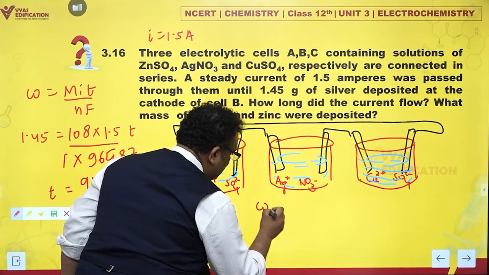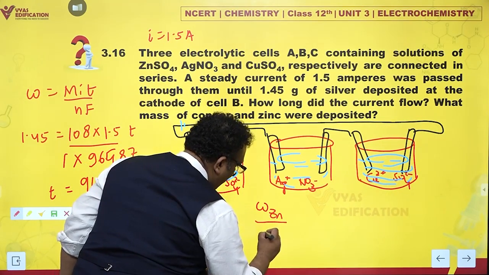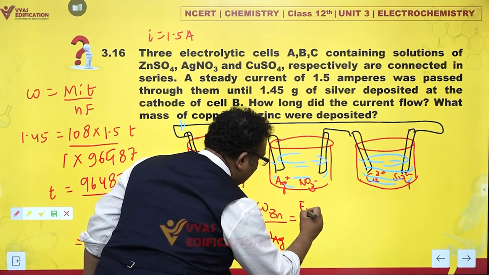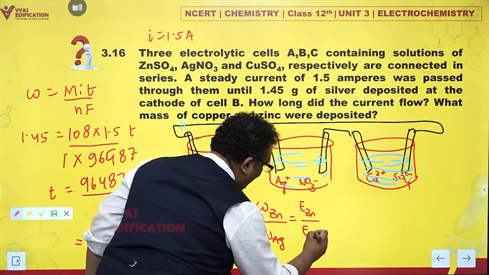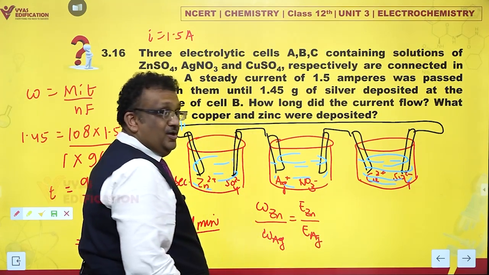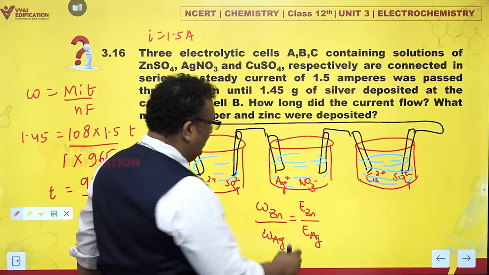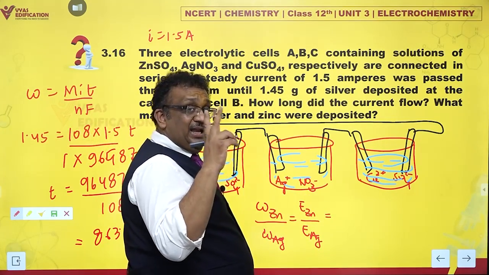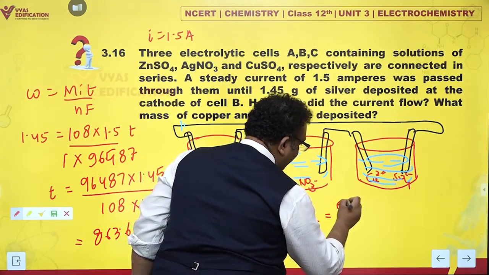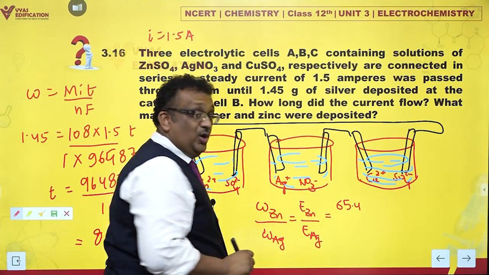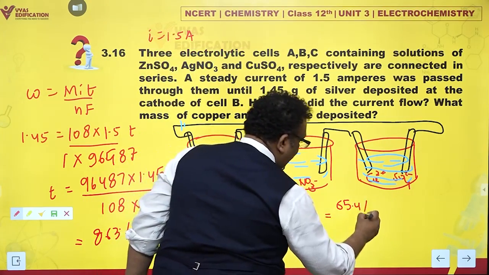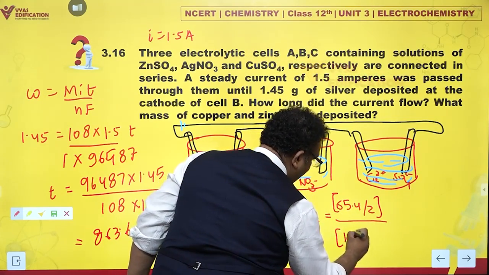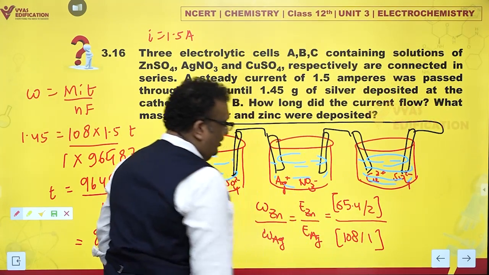So, mass of zinc by mass of silver is equivalent weight of zinc by equivalent weight of silver. Now, what is the equivalent weight of zinc? Equivalent weight is atomic mass by n, the charge. 65.4 is the atomic mass of zinc, divided by 2, is the equivalent mass of zinc. For silver, it is 108 divided by 1.